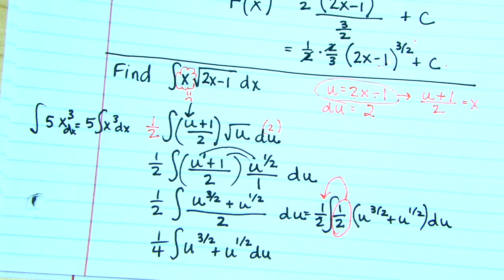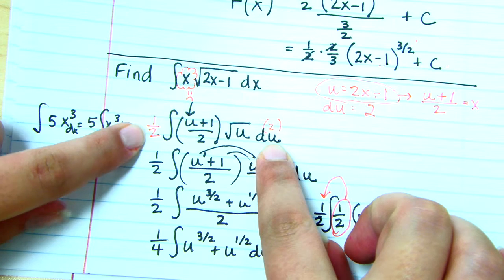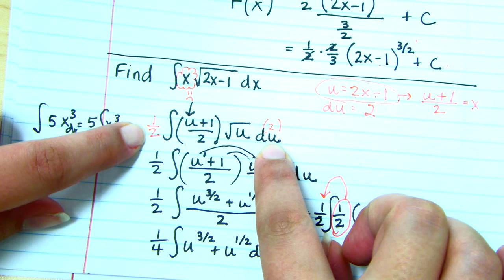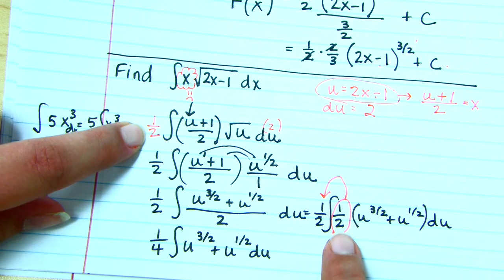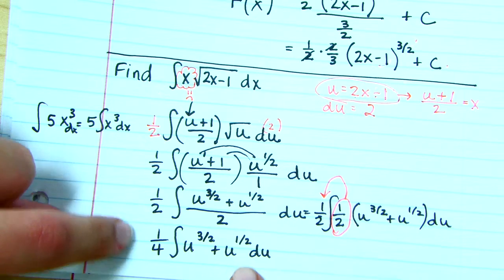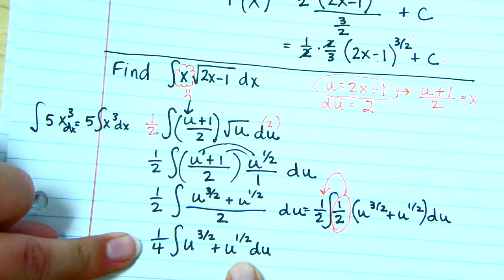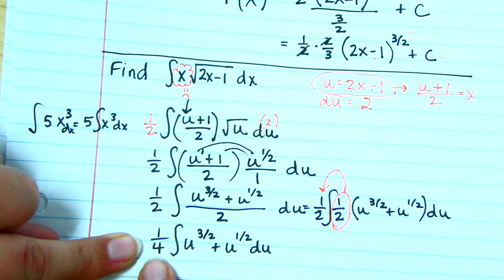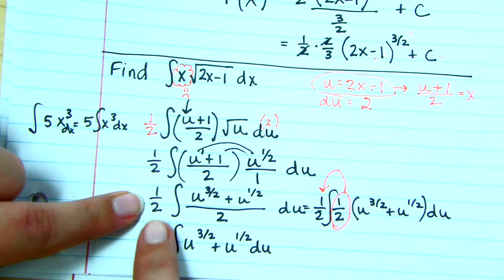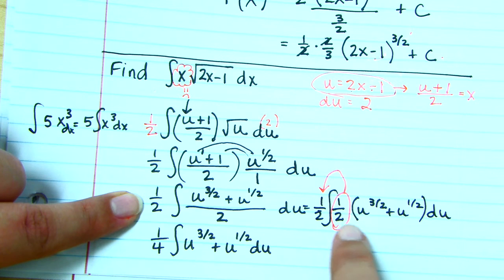Yes? Okay, so the whole point of putting the 1/2 in front was to cancel out the 2, right? This first time, yes. Okay, so then on the very bottom, there's still a 2, but now it's 1/4, so how does that cancel out the 2? I have like 2 1/2s right now. Yeah.